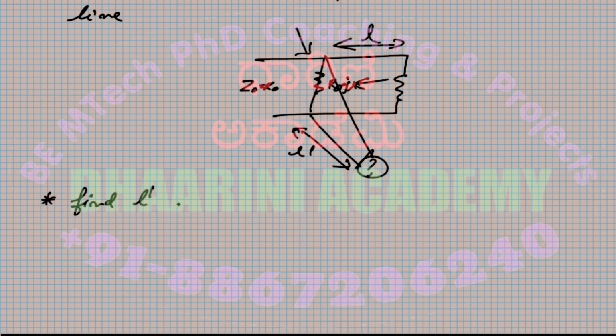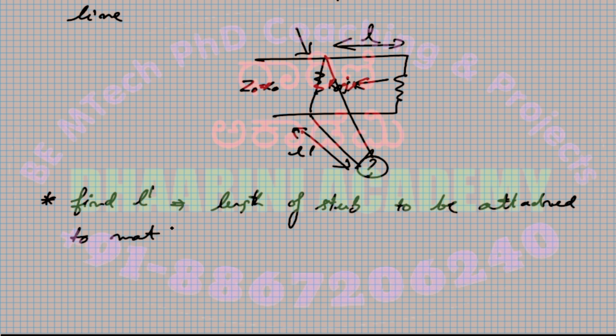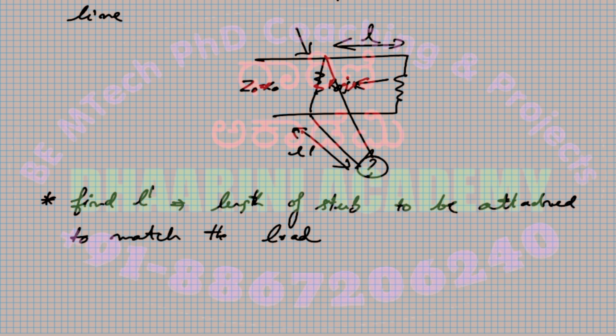Find L dash, that is the length of the stub to be attached to match the load, so that whatever impedance we obtain will match the required load.